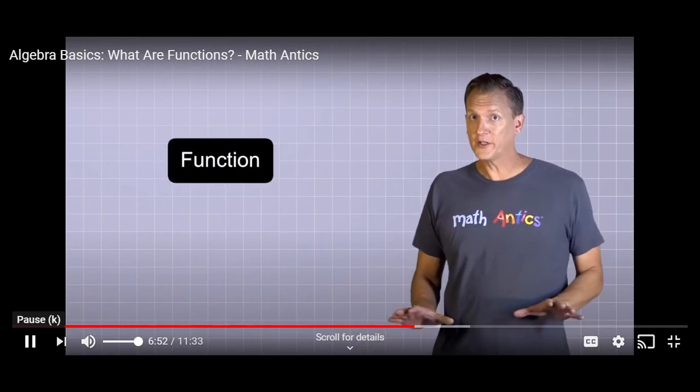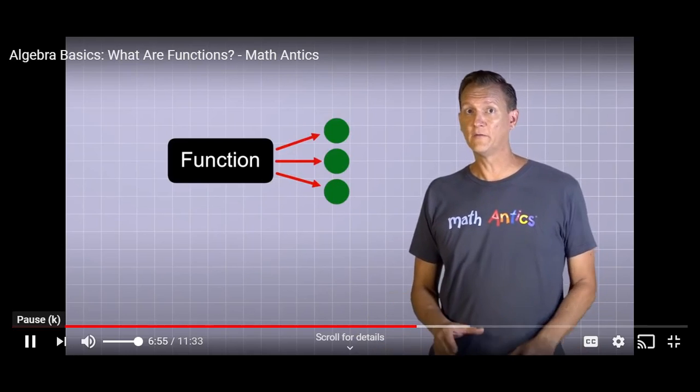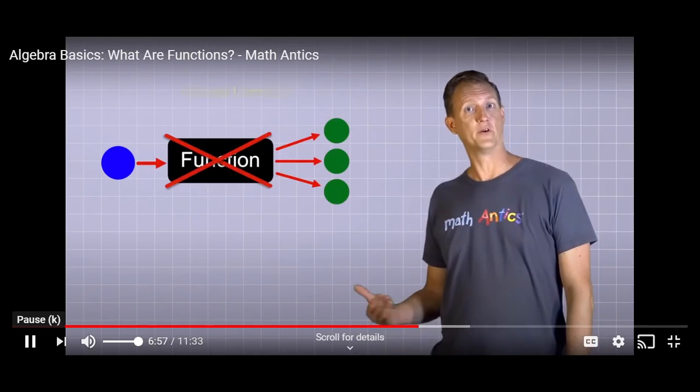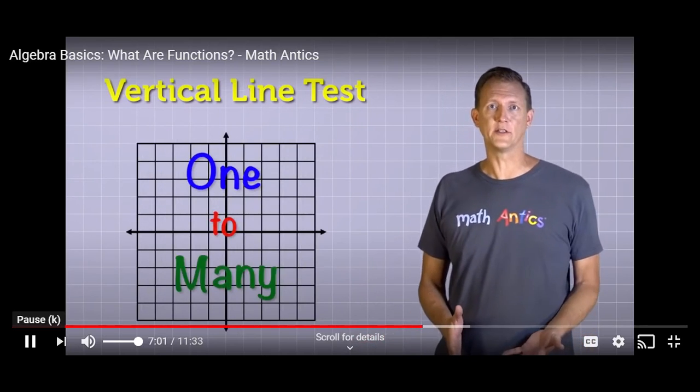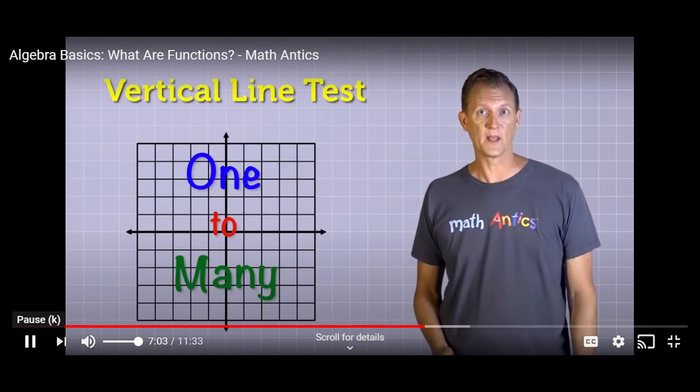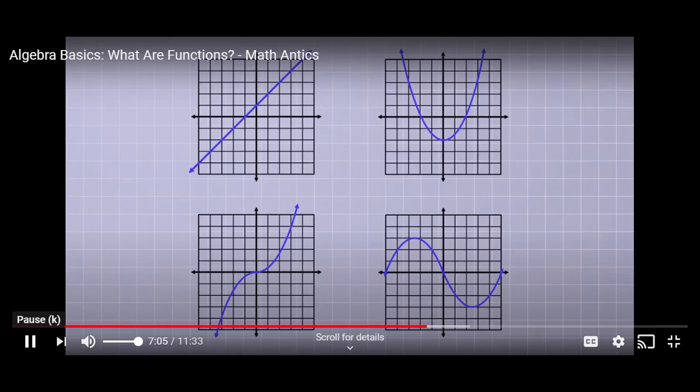Vertical line test. Remember how functions aren't allowed to have more than one output value for a particular input value? Well, the vertical line test helps us see if a graph has any of those one-to-many relations that would disqualify it as a function. Here's how it works. Imagine that a vertical line is drawn on the same coordinate plane as the graph that you want to test.